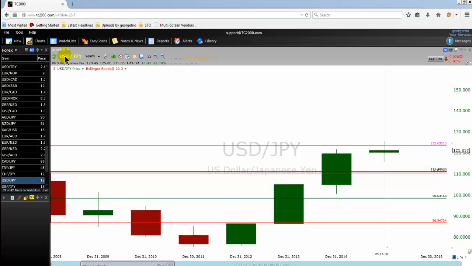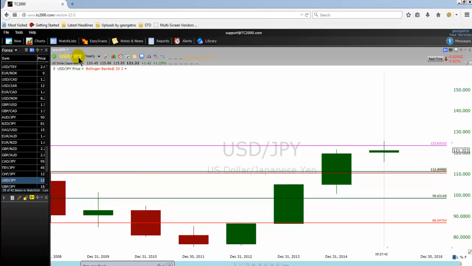Those two economies depend on crude oil, but Japan will suffer more because they have to import the majority of their crude oil. So crude oil will negatively affect the Japanese yen. As crude oil is going up, the dollar yen has a high chance to go up.